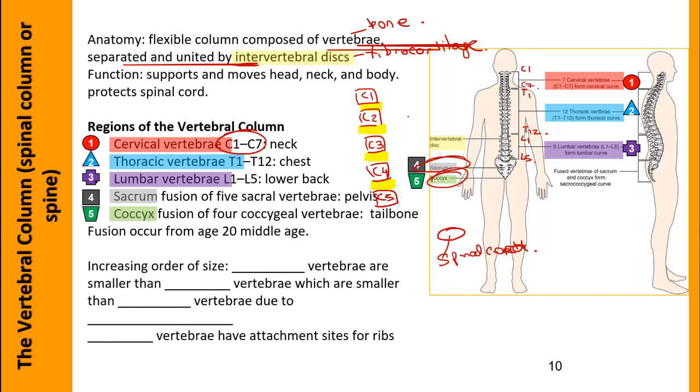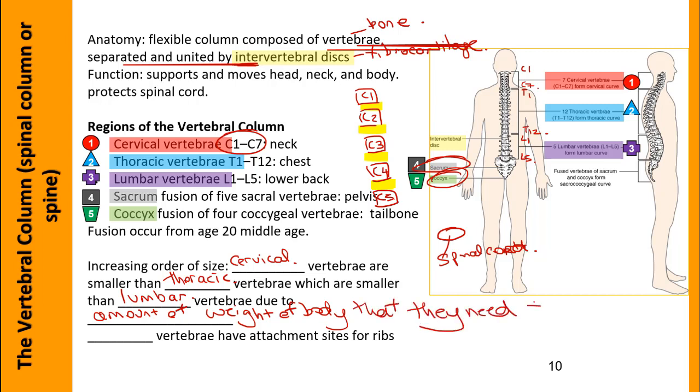in increasing order of size, what happens is the cervical vertebrae, the ones that are located at the top of the vertebral column, are smaller than the thoracic vertebrae, and the thoracic vertebrae are smaller than the lumbar vertebrae due to the amount of weight off the body that they need to support.